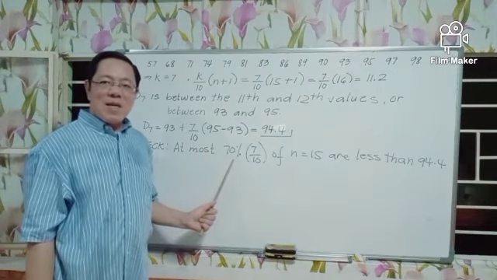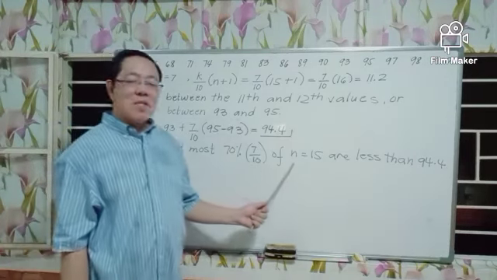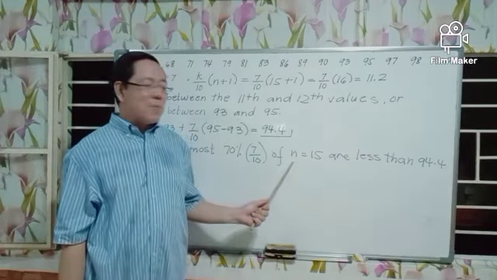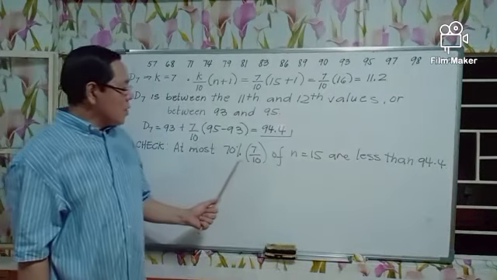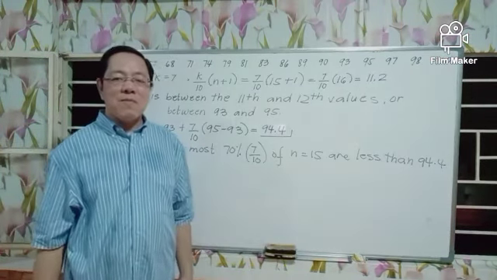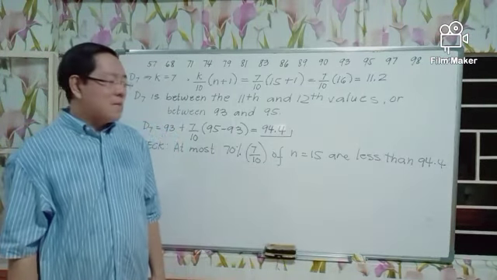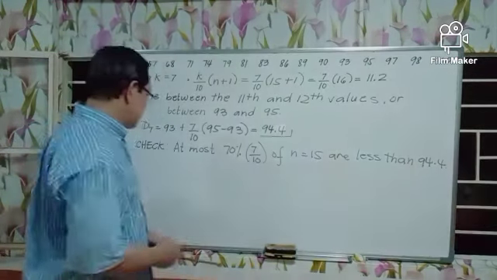So we compute 70% of 15 and we check how many values are less than that.